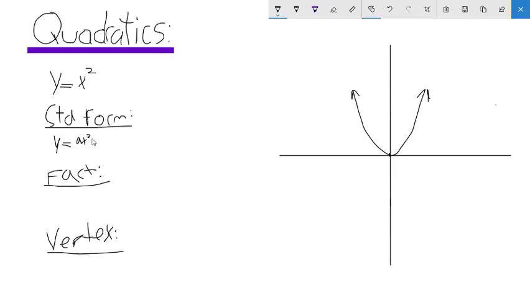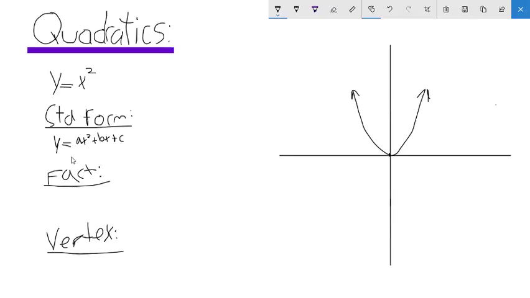So I have a times x squared plus b times x plus c. And when you have an expression like this, it is called a trinomial, when you have three different terms in a certain expression.